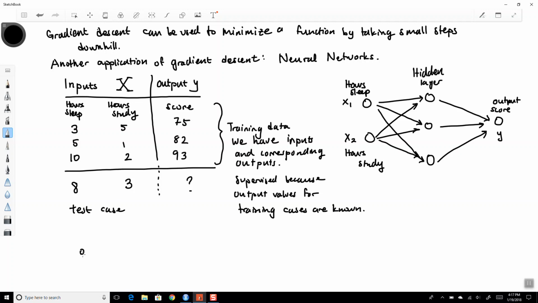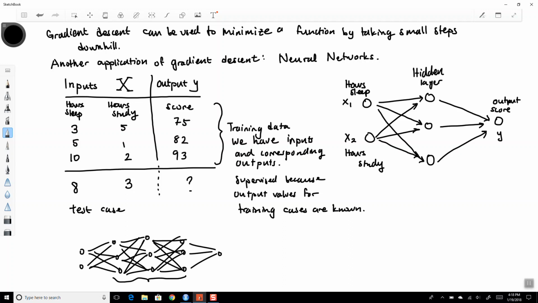But you could have multiple hidden layers of many different nodes, with all these neurons and connections, and as you have many layers, this suddenly becomes deep learning.